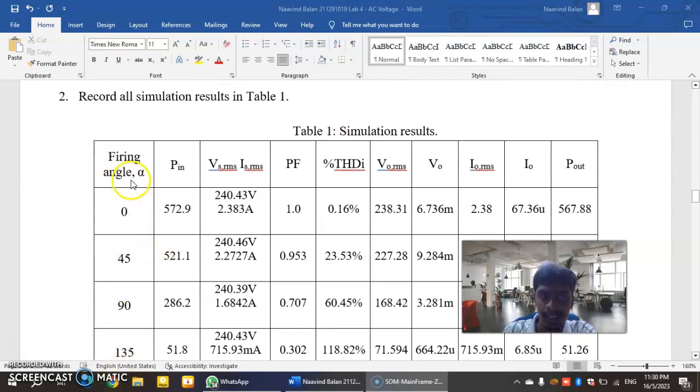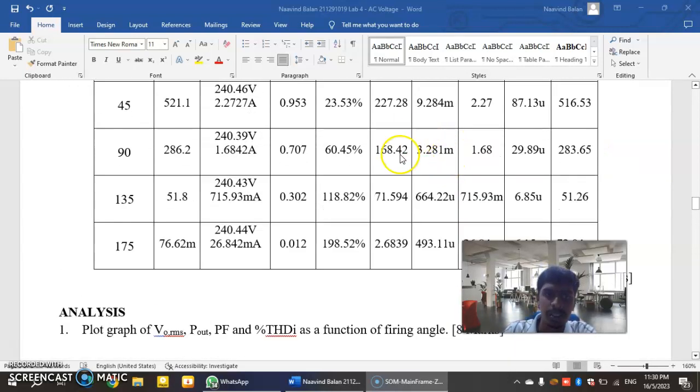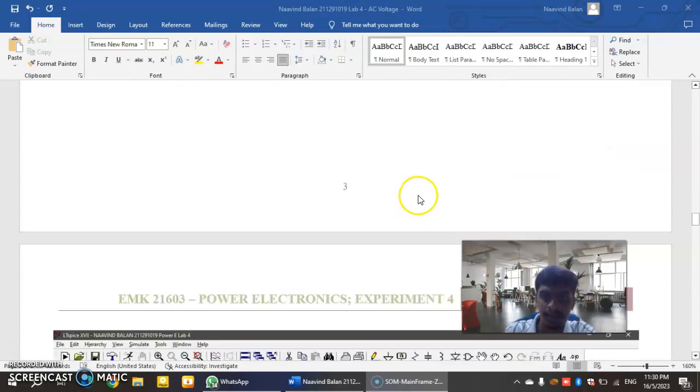These are the values I need to set to do the lab, and then I will get the output: the power input, VRMS, power factor, the V out, IRMS, I out, and the power out. This I will base on the graph below.